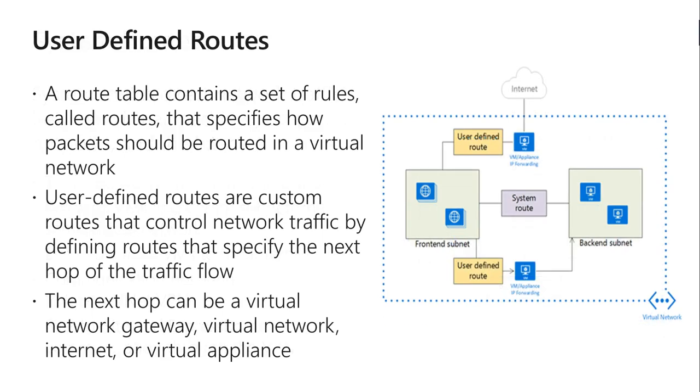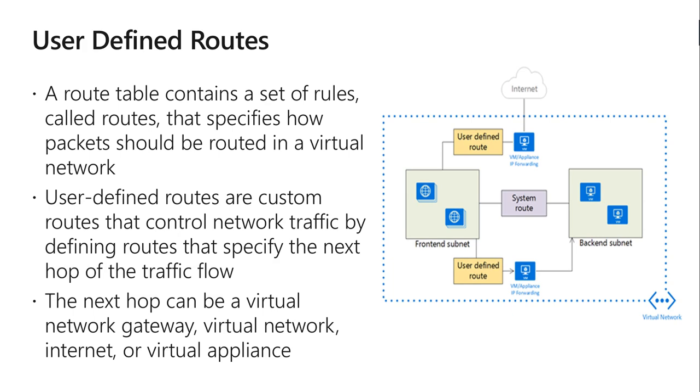We talk about the user-defined routes now. As we explained in the previous topic, Azure automatically handles all the network traffic routing. But what if you want to do something different? For example, you want to have a VM that performs a network function like routing, firewall, or WAN optimization.